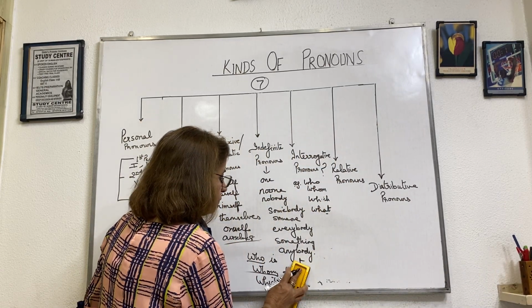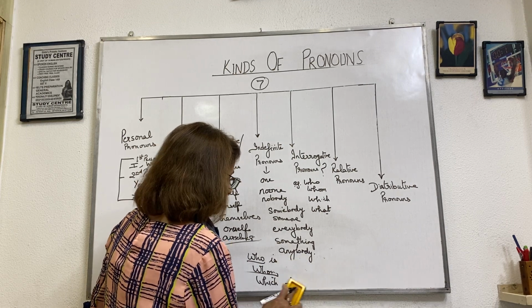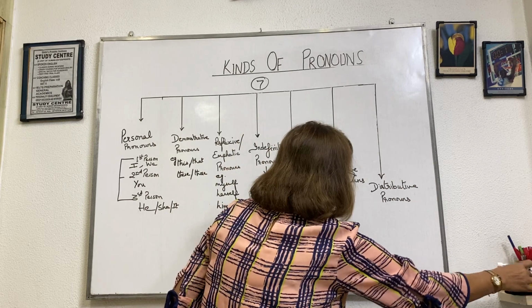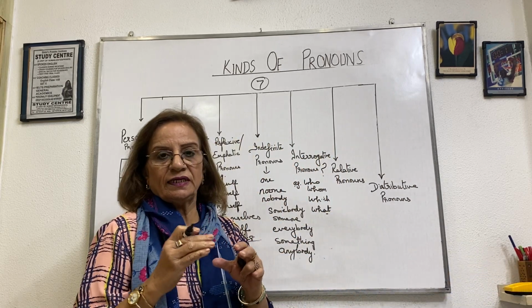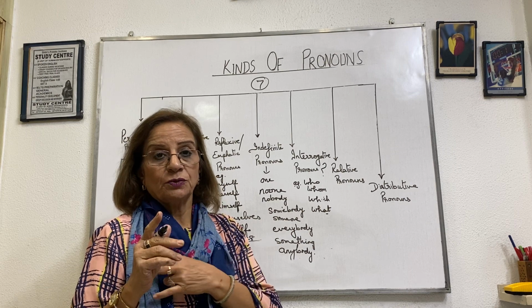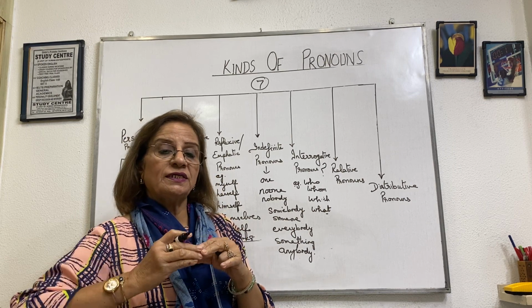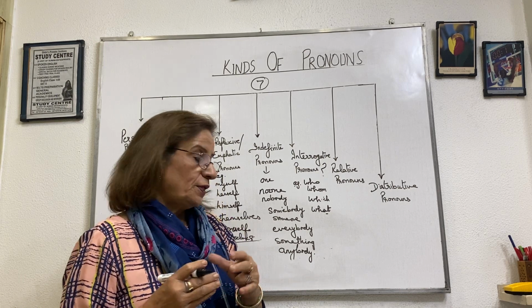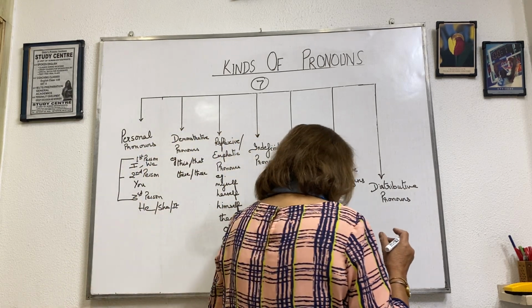Then we come to relative pronouns. Relative pronouns are words that join sentences, connect. Okay, they join. They are not conjunctions. They join in a sentence, maybe a clause or even a sentence. So they are known as relative.